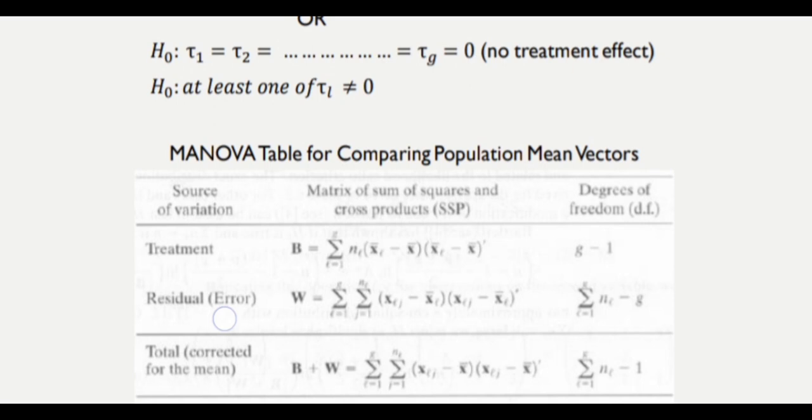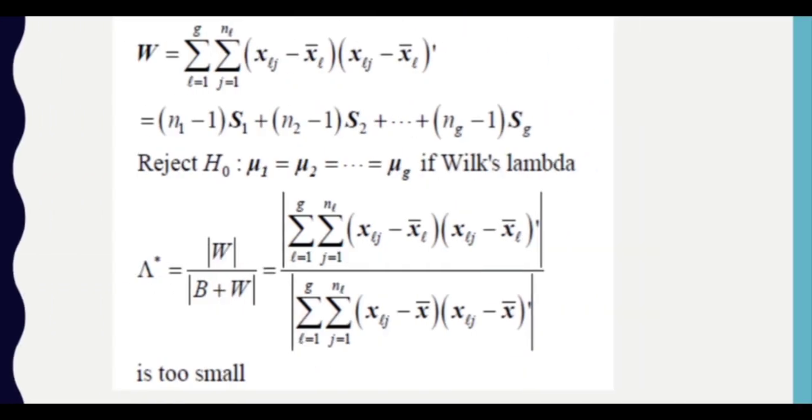Itu untuk B. Okay, untuk W, sama ada you use this formula ataupun you will have another formula. Sekejap lagi I tunjuk. Okay, degree of freedom. If you can see, the degree of freedom is equal like ANOVA table, one-way ANOVA table. Okay, let's proceed.